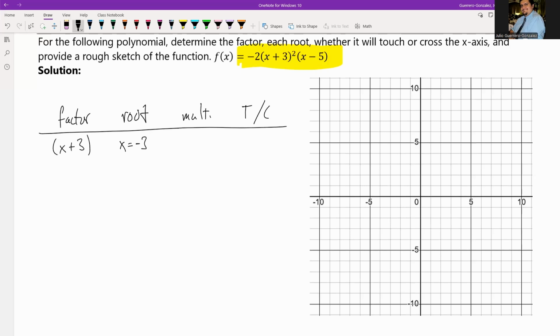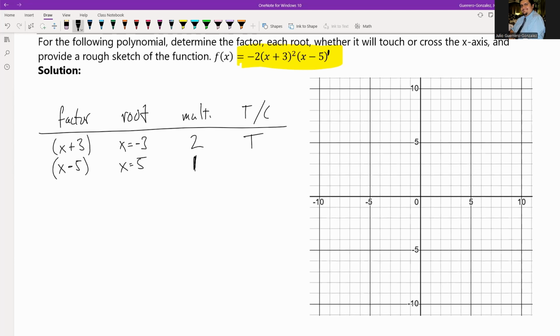That means we grab this, make it equal to 0, and solve. The multiplicity of it is 2, and since the multiplicity is 2, this is going to touch. The next factor is x minus 5. My root is x equals positive 5. This multiplicity is 1. If there's nothing listed, you can assume that it is a 1.